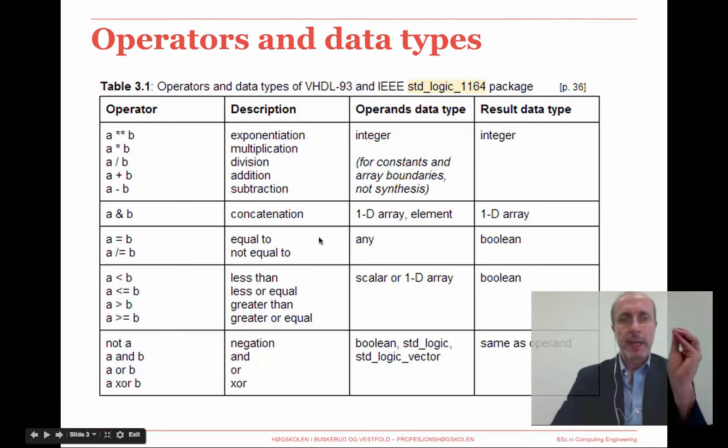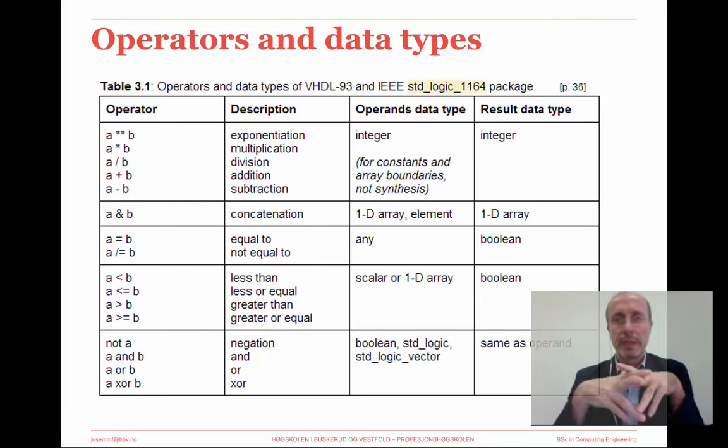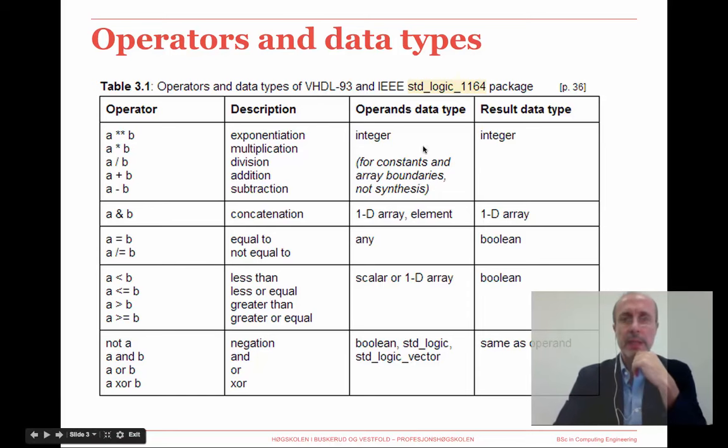Now, one key aspect that we must be aware of in order to use them is what data types they can be used with. What we see here in this slide is the correspondence between operators and data types that are defined in the IEEE Standard Logic 1164 package.